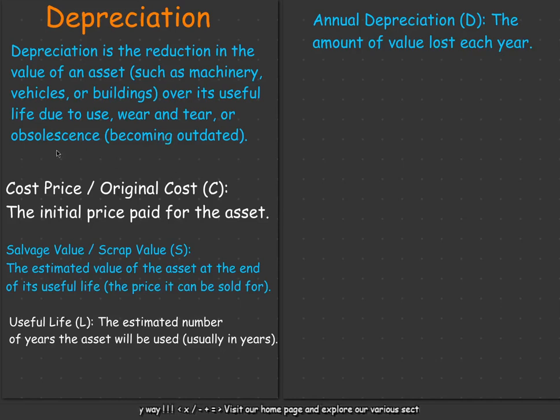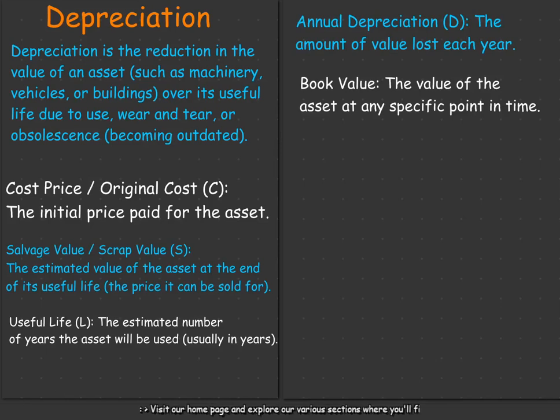The next thing we want to look at is the book value. So apart from looking for what we call our scrap value, the cost price, and all that, in between the years, if you want the value of the asset at any specific point in time, we call it the book value.